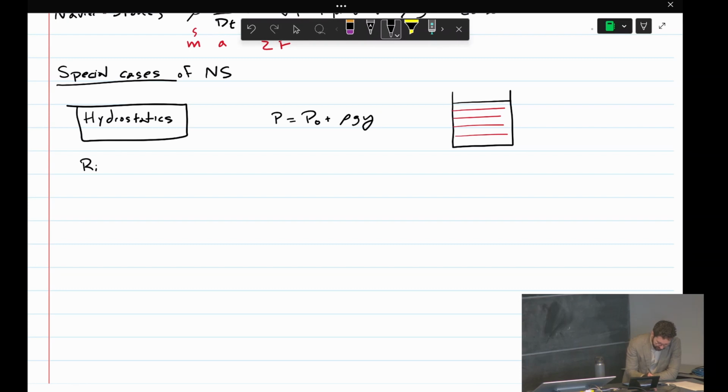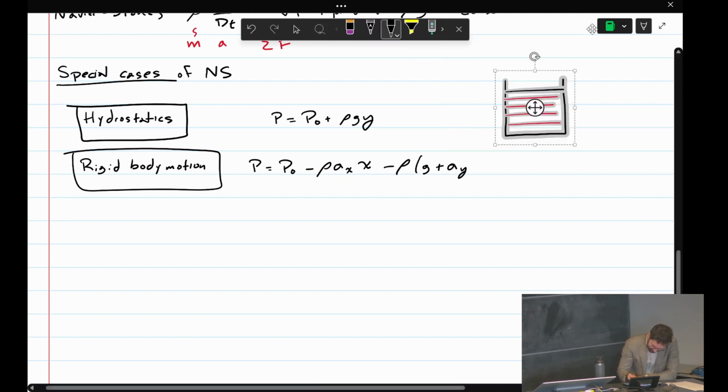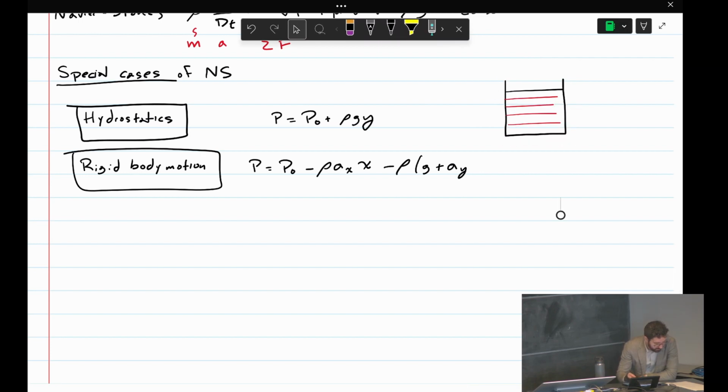Second one was rigid body motion. And the pressure distribution in rigid body motion was P equals P0 minus rho a_x x minus rho (g plus a_y) y.